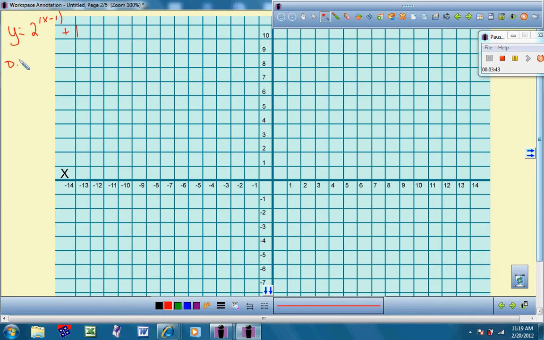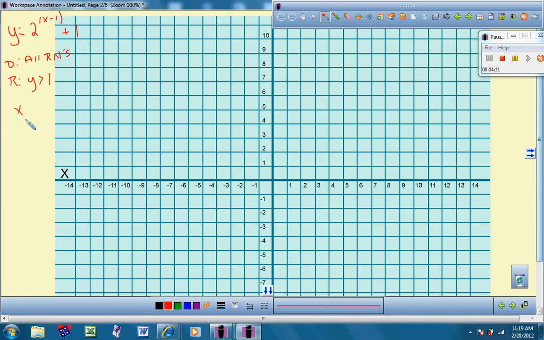So first let's figure out our domain and our range. What we want to do is figure out our range, because that's the easiest with exponential functions. When we're looking at ranges, we're looking at our k values. Since k is equal to 1, my range is going to be y is greater than 1. Domain is just simply all real numbers. We're not restricted.